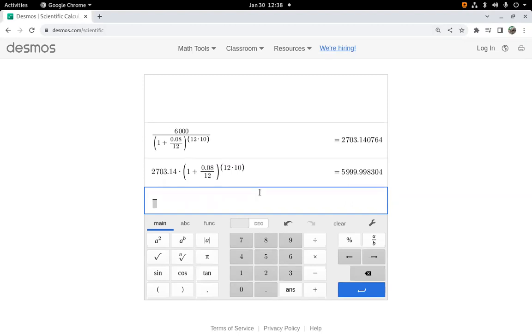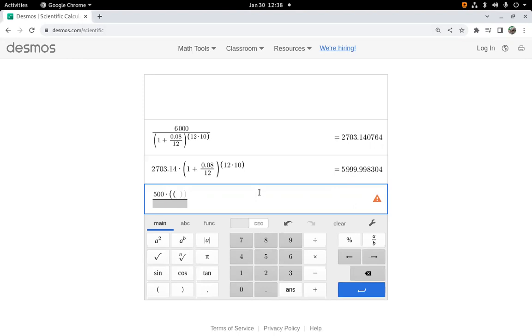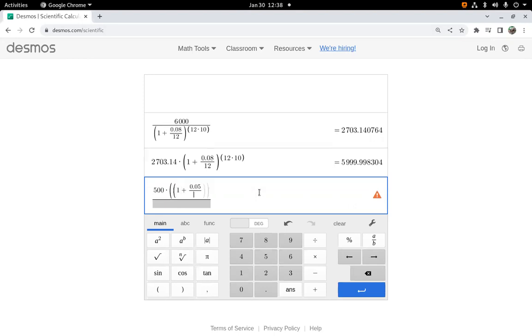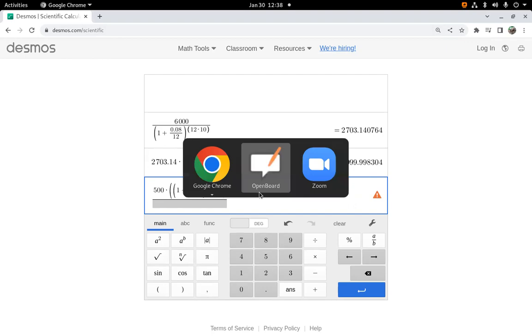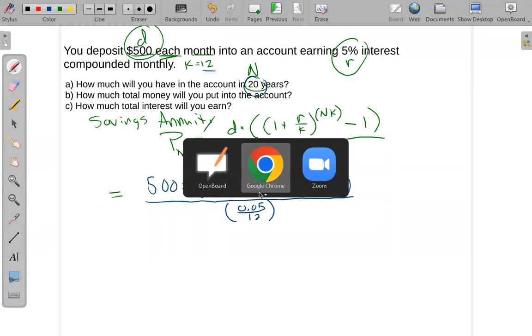So I'm going to start off with a fraction. 500 times parentheses, 1 plus my interest rate, 5/100ths over 12 because we're compounding monthly. And I want to raise that to the power, parentheses, 12 times 20 years, 12 times 20.